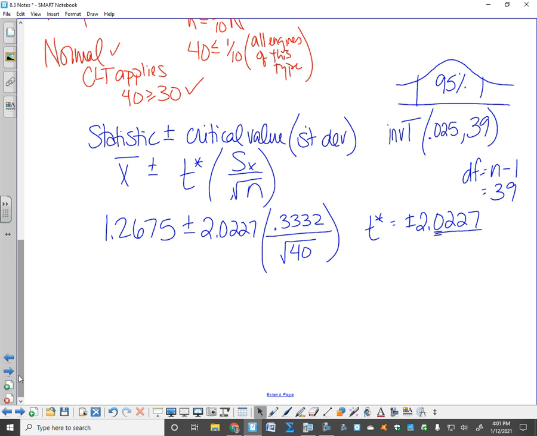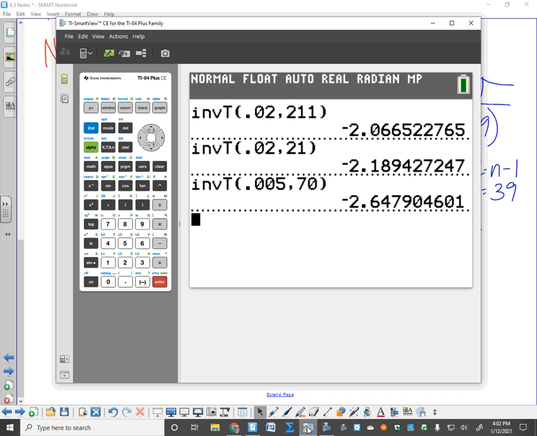All right, so I'm going to grab my calculator and I'm going to type it in. And I'm going to start with the subtraction. So here I go. 1.2675 minus 2.0227.